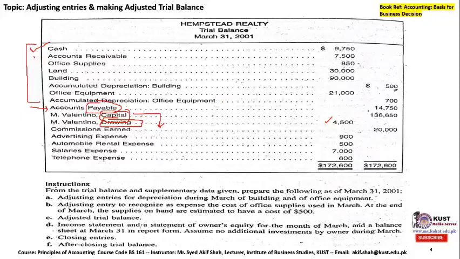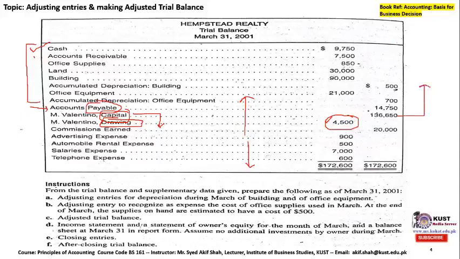Usually the capital gets a credit entry when it is increasing and a debit entry when it is decreasing. So when there is a withdrawal, it will have a debit entry as mentioned in the debit column, and when the equity or capital is going upward, it will have a credit entry as mentioned in the credit column of this trial balance.